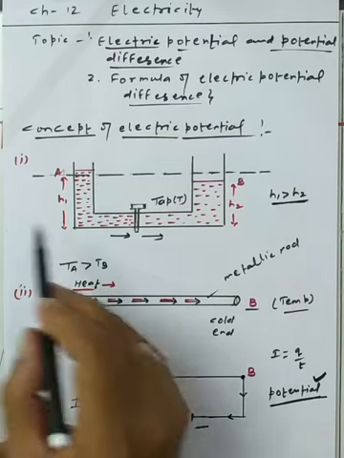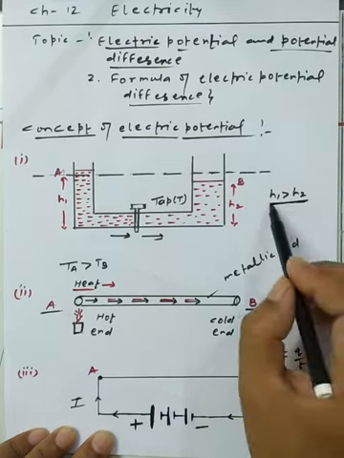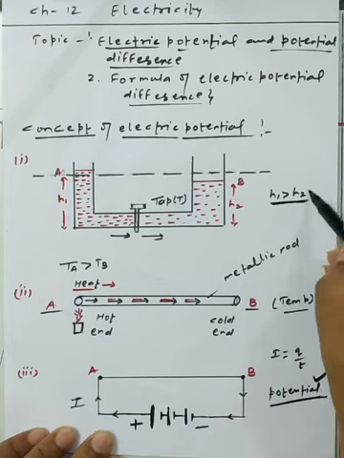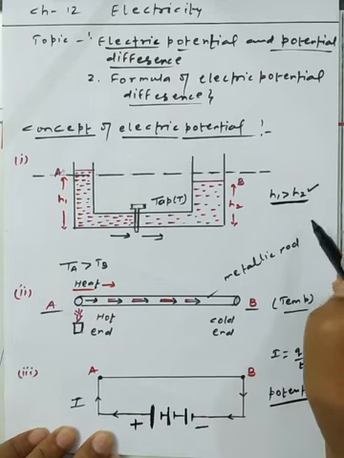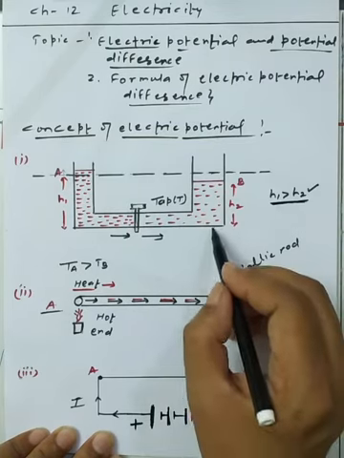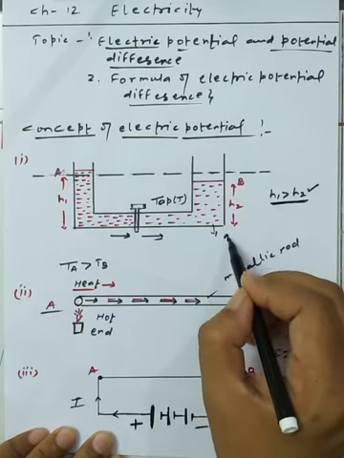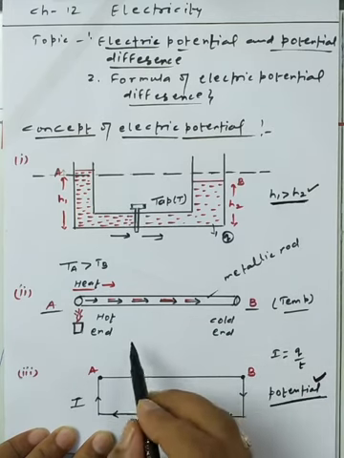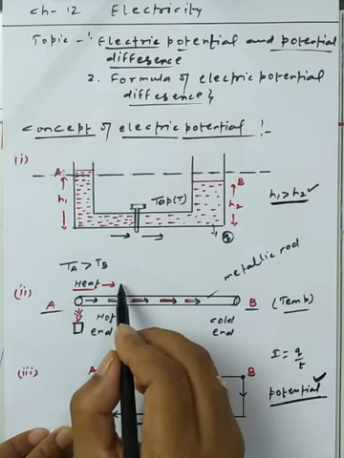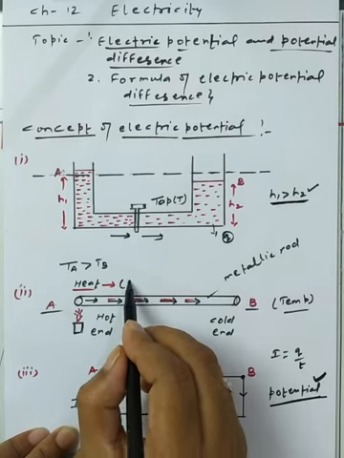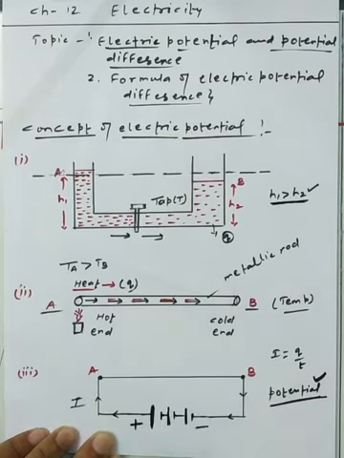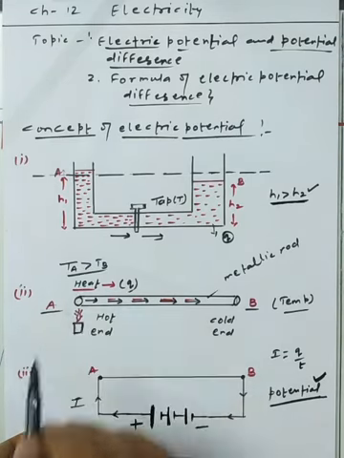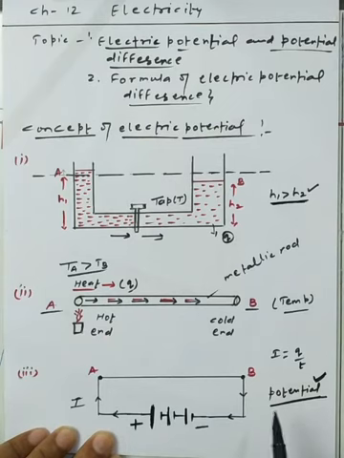So in the three diagrams we have discussed the important key parameter. In the first, according to mechanics, the height level is a parameter which decides the flow of water, and the flow of water is comparable to the charge. Now inside the rod the heat is flowing from one part to another. So here the comparable term for the heat is the charge, and the temperature is the key point which decides the flow of heat.